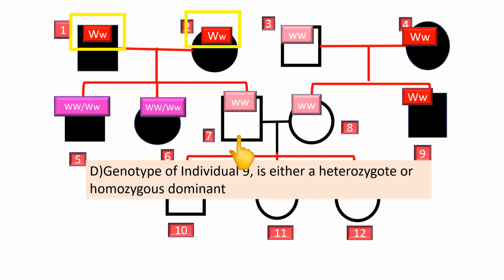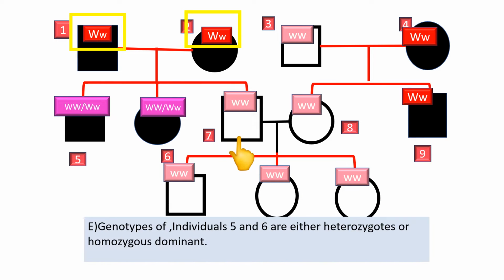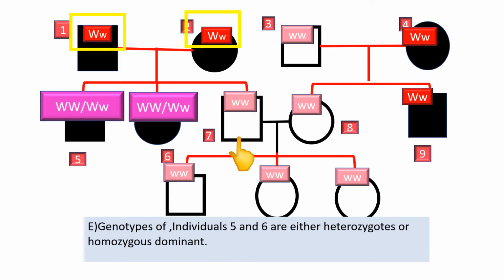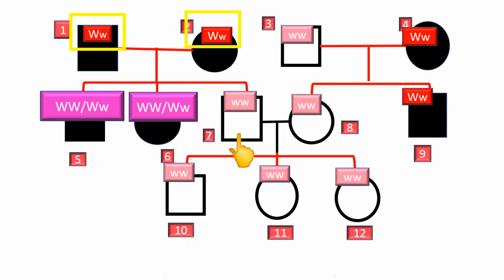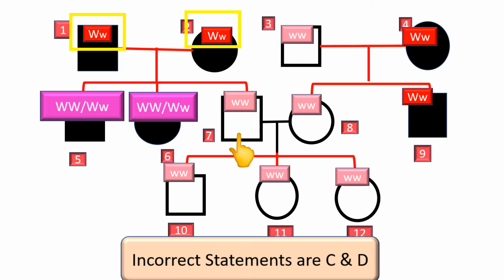He cannot get the homozygous dominant genotype, since he gets only one dominant allele from his mother while he gets the recessive allele from the father. The statement E is also correct, because genotypes of individuals 5 and 6 may be either heterozygotes or homozygous dominant. The incorrect statements are C and D therefore.